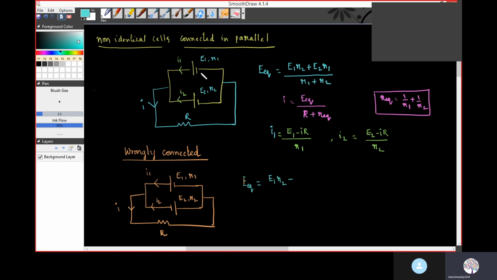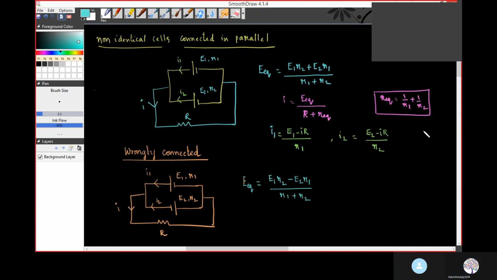Likewise, if you wrongly connect, then E equivalent is (E1 R2 minus E2 R1) by (R1 plus R2). Yes, that is E equivalent. And R equivalent will be 1 by R1 plus 1 by R2.